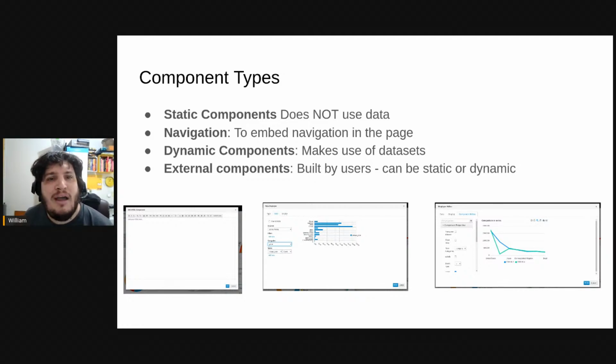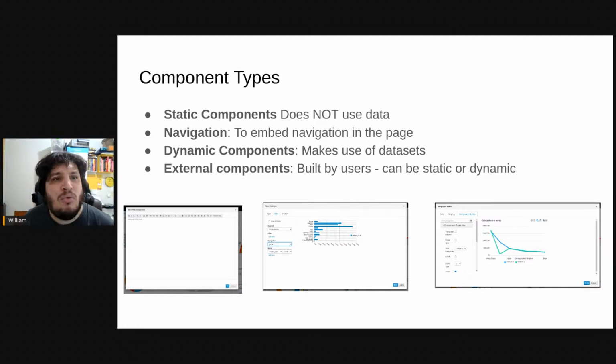We can also have one page embedded in other pages using navigation components. So you can have reusable pages inside another page. Then we have dynamic components where the visualization will change according to the dataset. So dynamic components are tied to a dataset.